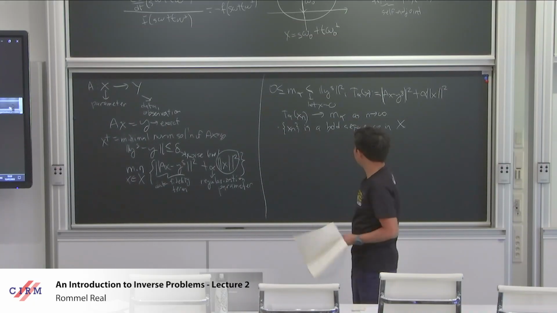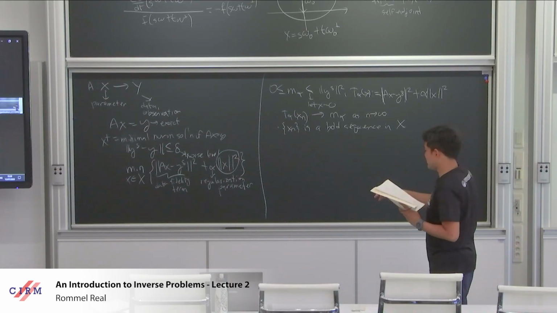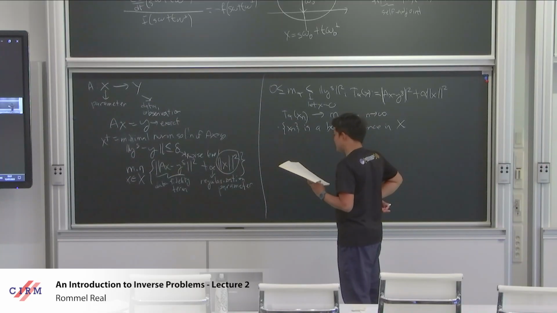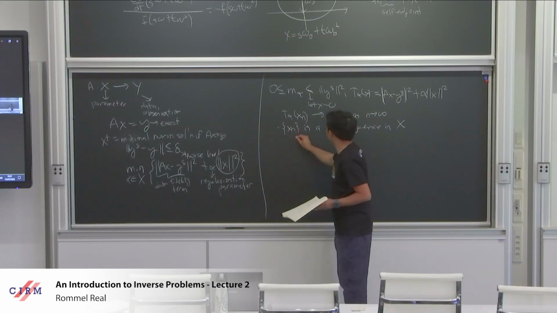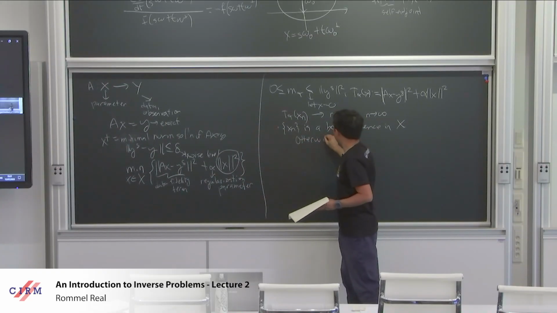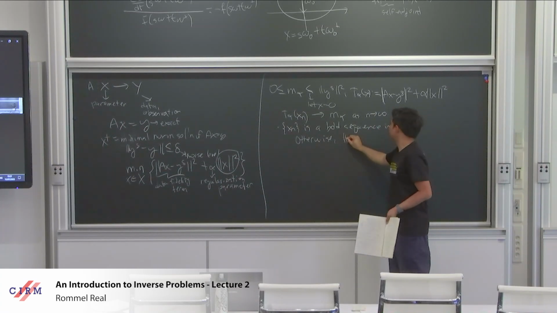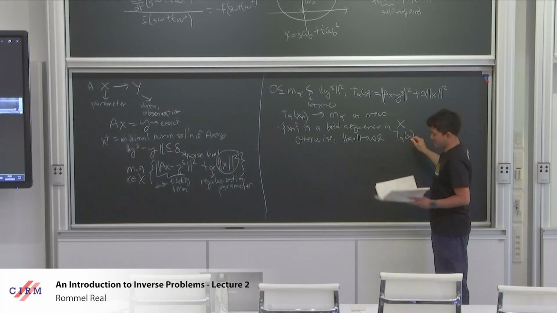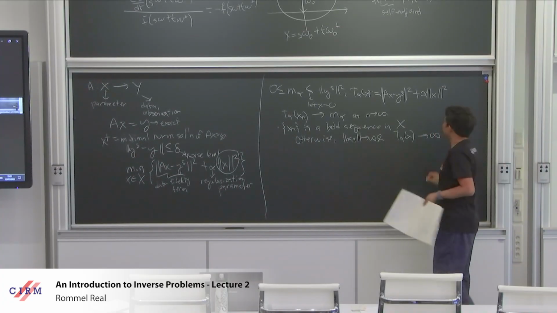Now, why should it be a bounded sequence? Because otherwise, if it's not bounded, then we can actually show that x sub n goes to infinity, and more importantly, T sub alpha of x will, of course, go to infinity.